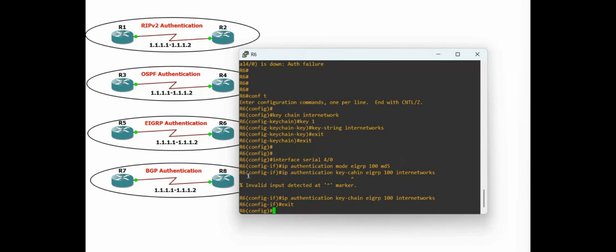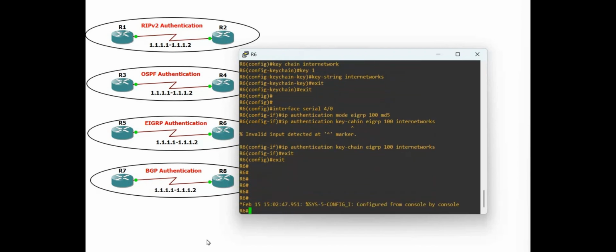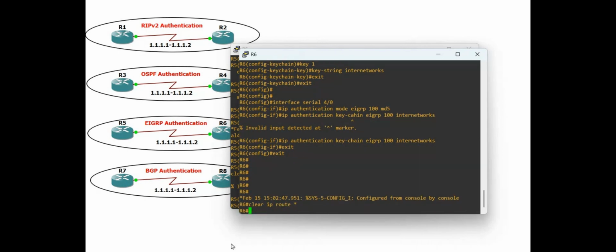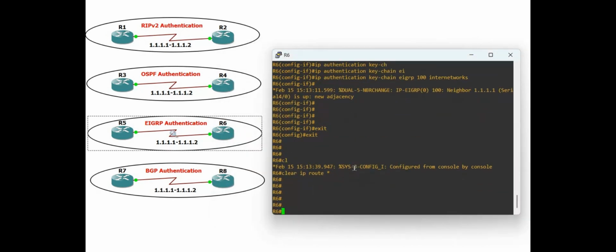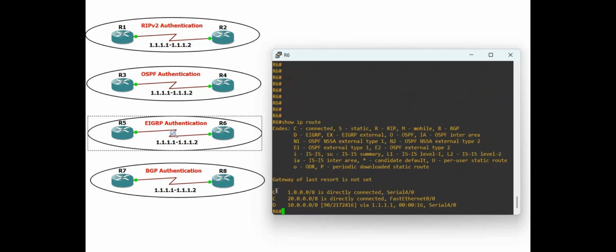Now let's verify. First run the command clear IP route. Let's see, show IP route. You will see over here the 10 network is in router 6's routing table.